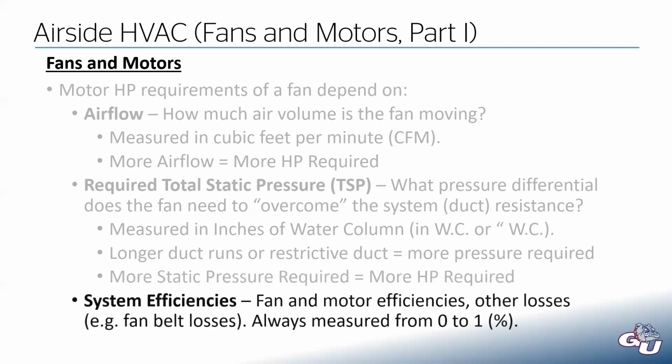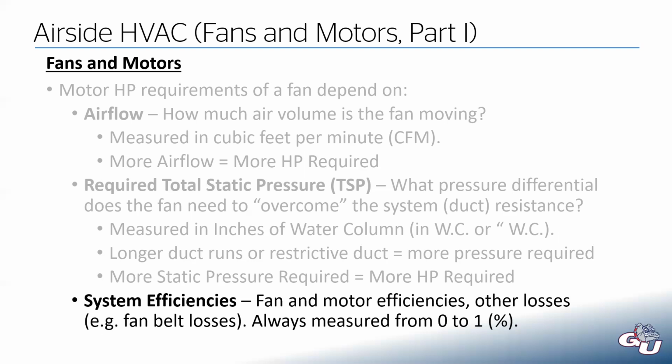The last thing that plays into this is what I'm generically calling the system efficiencies. I'll go into more on this in a minute, but that includes fan efficiencies, motor efficiency. There can be other losses. If you have a belt-driven fan, then there are some losses associated with that belt drive system.